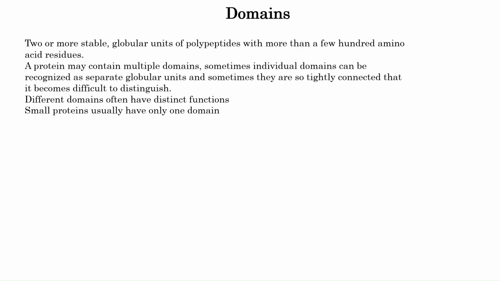These are two or more stable globular units of polypeptide. A protein can contain multiple domains. Sometimes these domains are so closely associated that it becomes very difficult to distinguish whether the protein is made up of a single domain or has multiple domains. And all the domains often have different functions. There are proteins also that have only one domain.